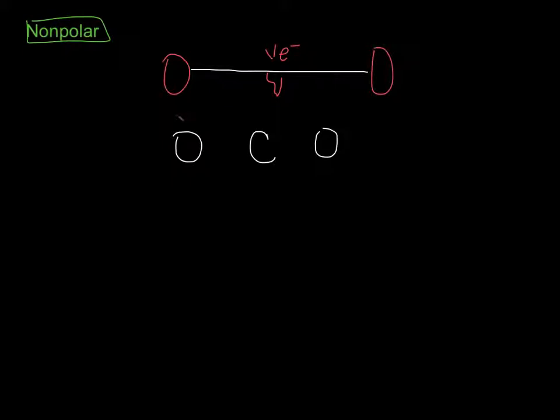Oxygen, again, has 6 valence electrons. I can count. And this oxygen has 6 valence electrons.